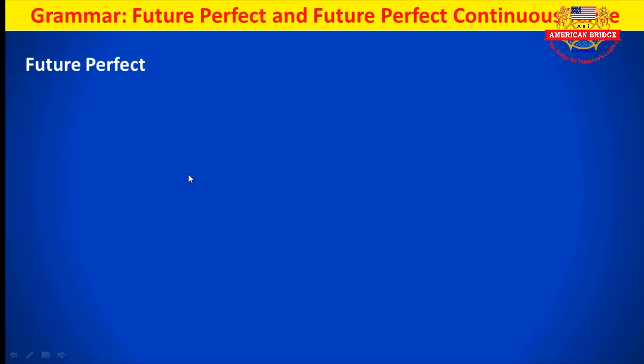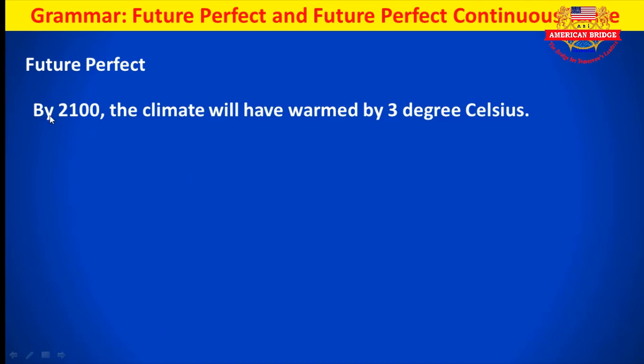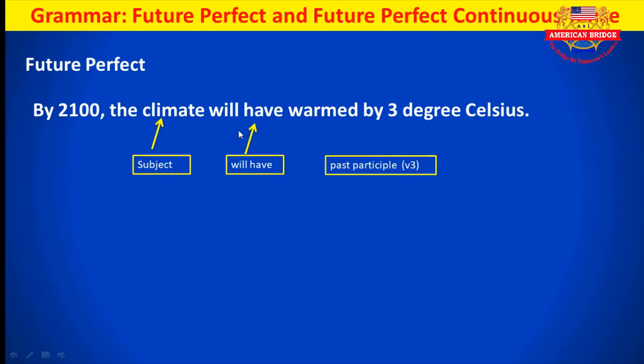And this is about the future perfect. So by 2100, the climate will have warmed by 3 degrees Celsius. Just see, the subject is the climate, then will have and the past participle, verb 3, warmed, and the time expression like by 2100.